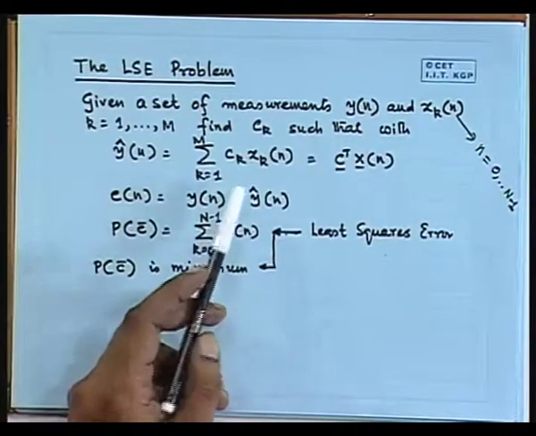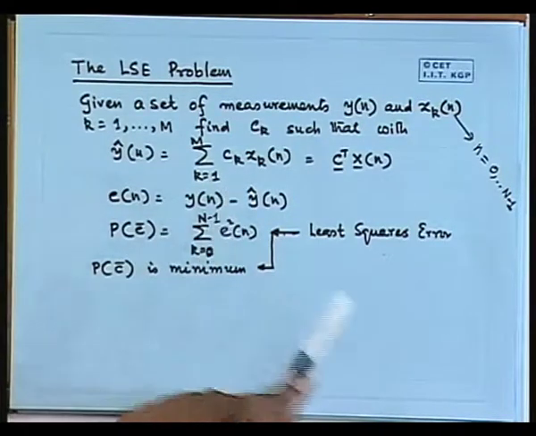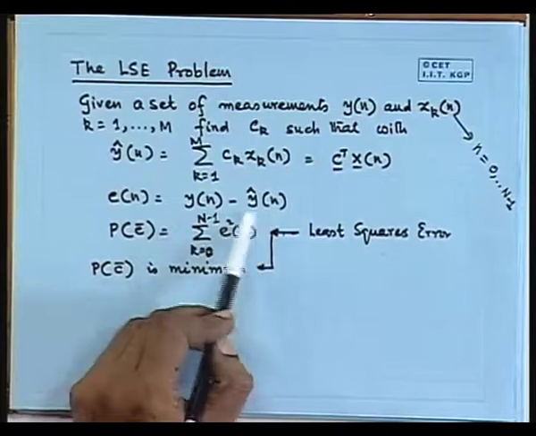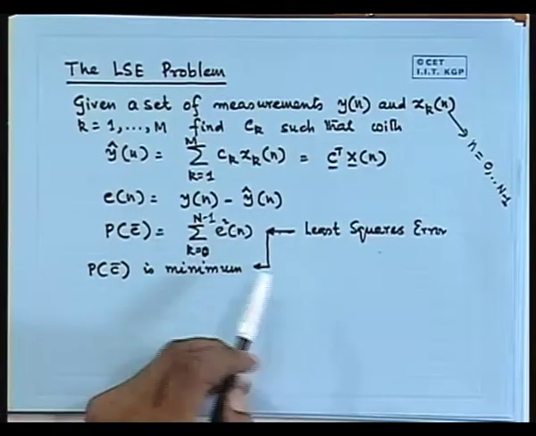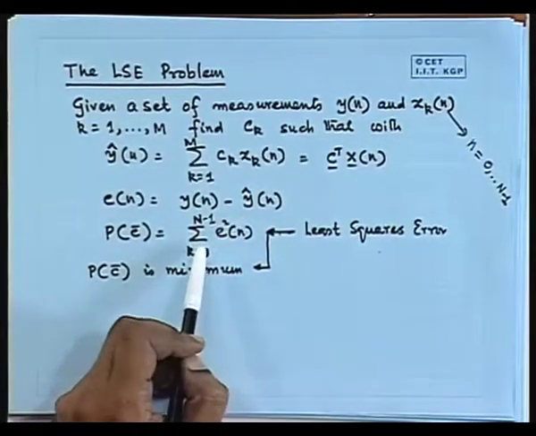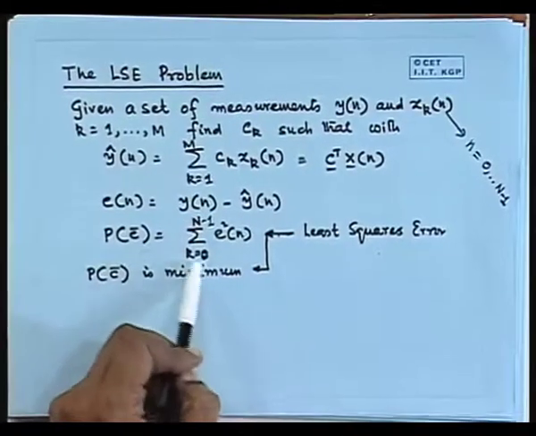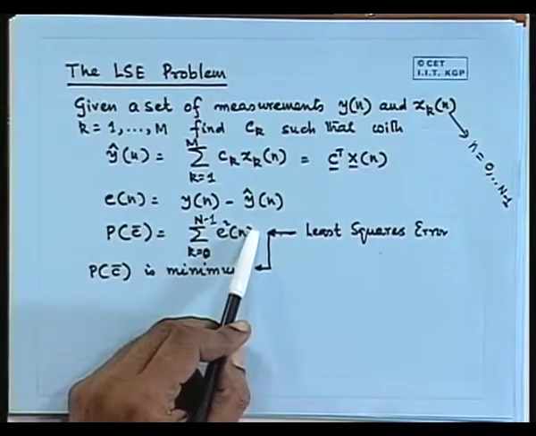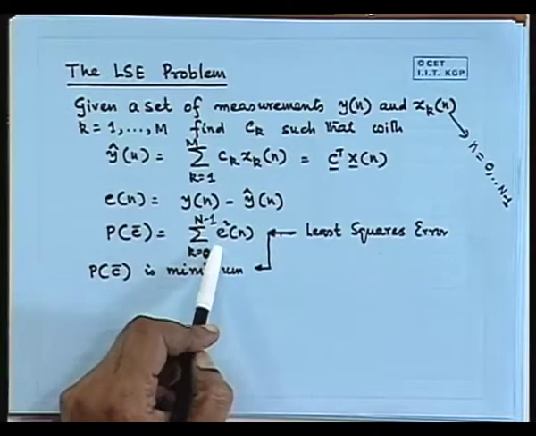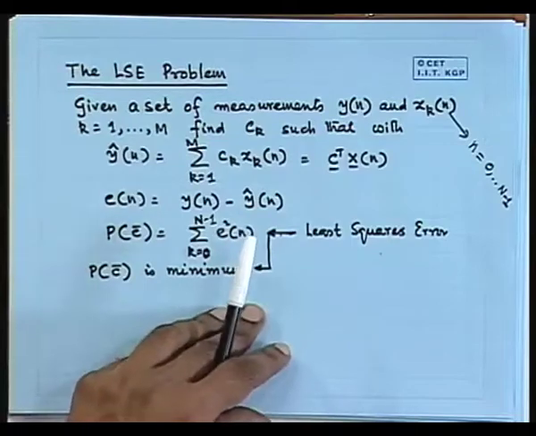It's very similar. There also we wrote exactly this equation and formed this error. Only thing is that rather than writing the sum of errors for these data points, there we wrote the expectation of e square n, if you recall, in the minimum mean square estimation problem.